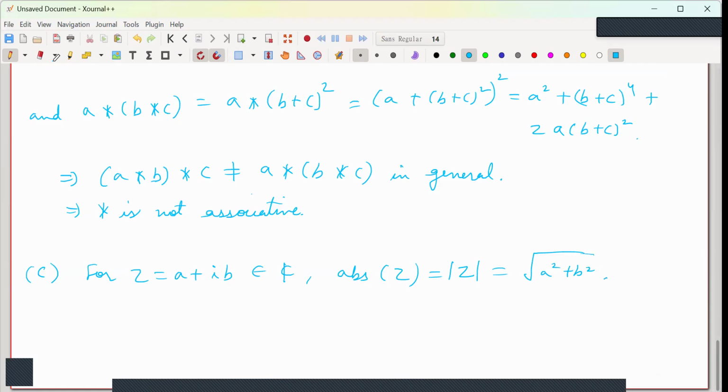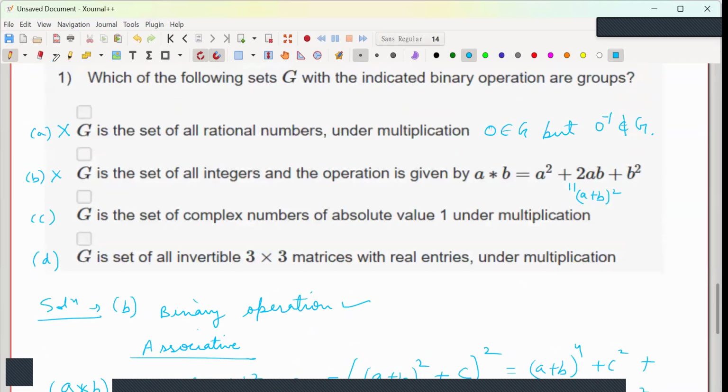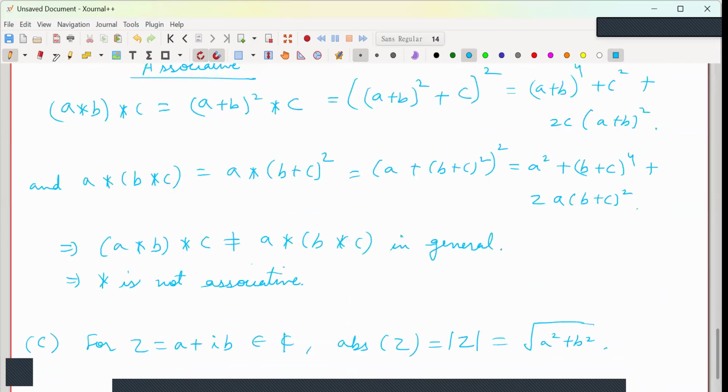So this is basically the set of numbers which lie on the unit circle.